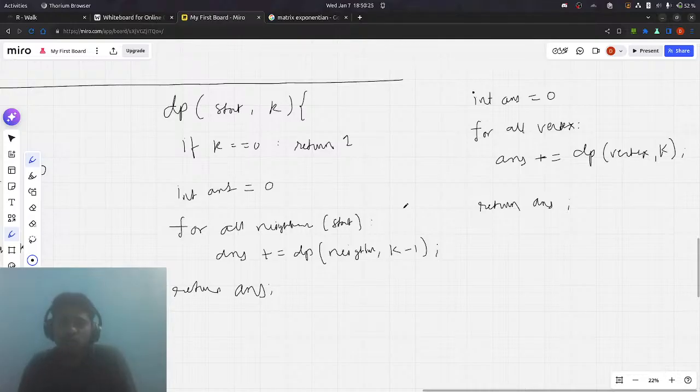Time complexity is a lot actually, because we can have n neighbors for each, and we are going till k depth.